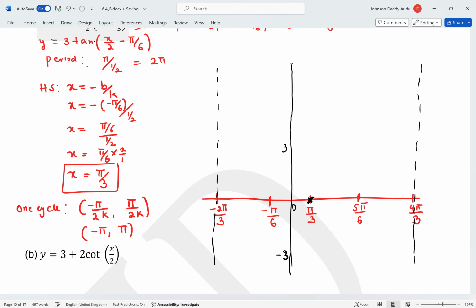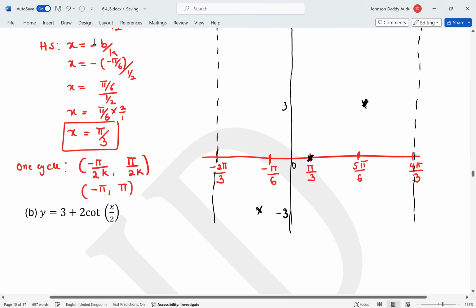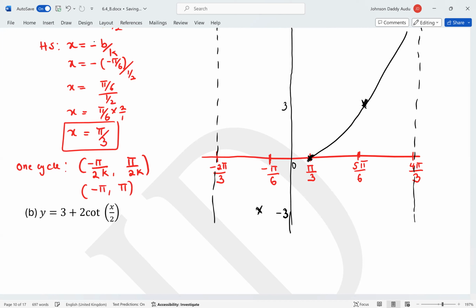And when you go to the right, you will go to the highest value, which is this. And when you go to the left, you will go to the lowest value, which is this one. So the graph is just supposed to be something like this, and then like this. Okay. So this is going to be the graph of what?